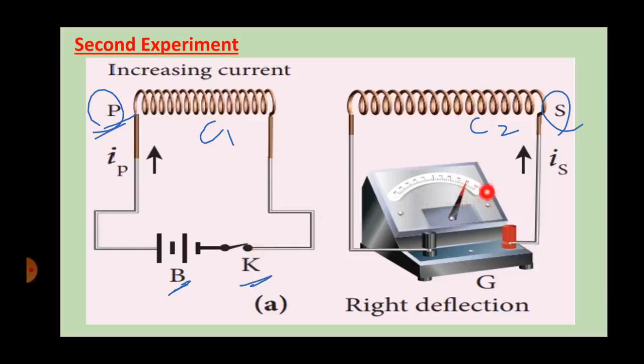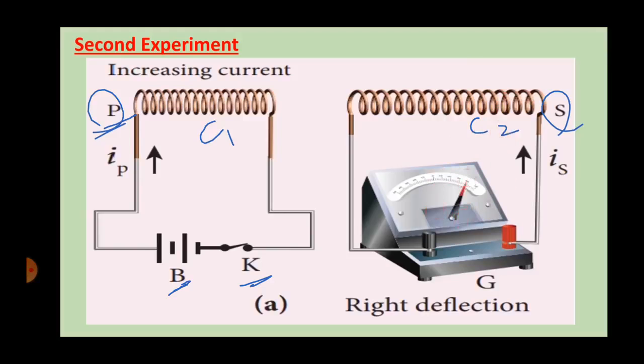This indicates that a current is induced in coil C2. This is because when the current in C1 increases from 0 to a certain steady value, the magnetic flux linked with coil C1 increases, and hence the magnetic flux linked with coil C2 also increases. This causes the deflection in the galvanometer.